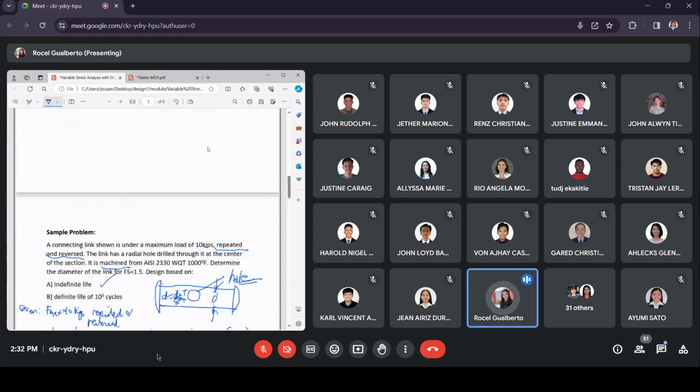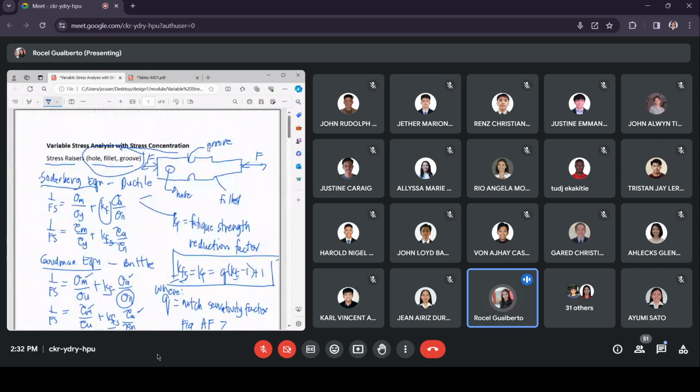Okay, but then take a look at our illustration here. This is the machine member containing several stress raisers. You have here a hole, you have here a groove, and you have here a fillet. Okay, so if the member comes with several stress raisers, then you'll have several answers.